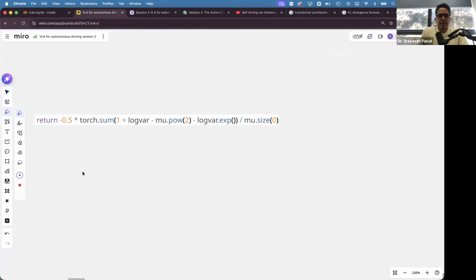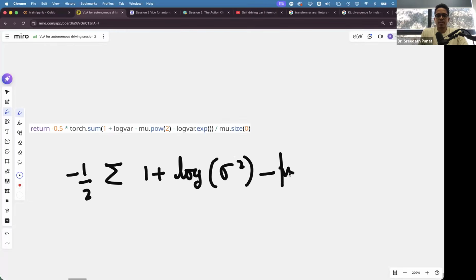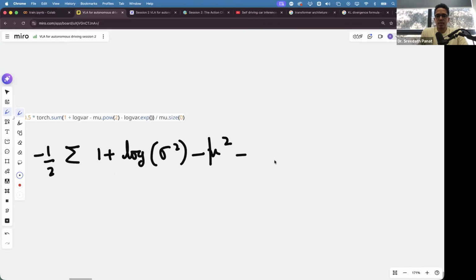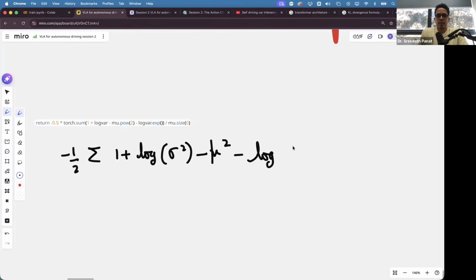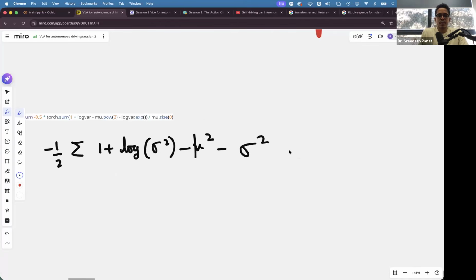So this is the formula. It's basically minus 1 by 2 multiplied by 1 plus the logarithm of variance, log of sigma square, minus mu raised to 2, minus the exponent of the logarithm of variance, which is variance only, sigma square.